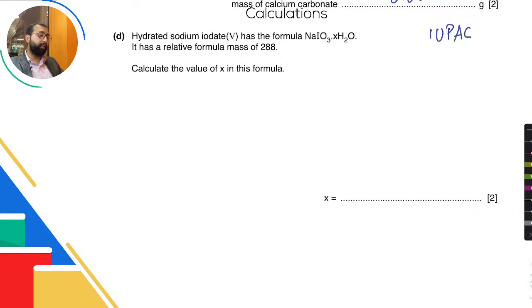Yes, Ryan, you're right. It has ionic bonding in it because you have sodium ions and iodate 5 ions. But iodate 5 is a molecular ion. It is an ion made from iodine and oxygen, and it has covalent bonding in it. So this compound, sodium iodate, has both ionic and covalent bonds.